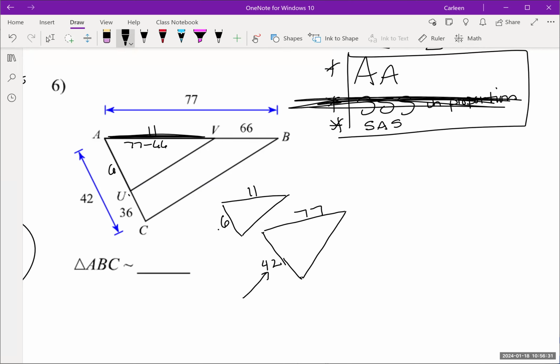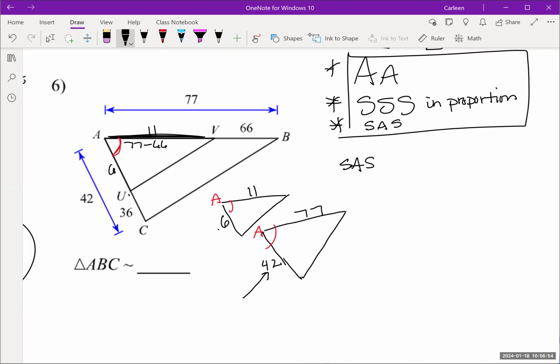I can't use that one. Ding, ding, ding. Okay, do you see the overlap right here? Hopefully you can see that this is side angle side, but I haven't proven it yet.